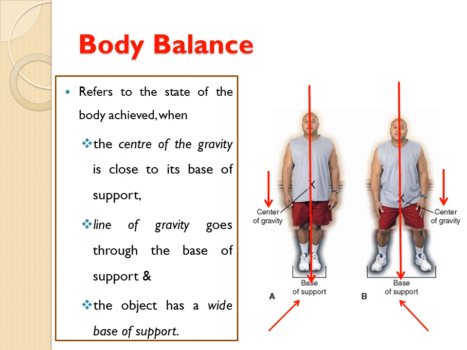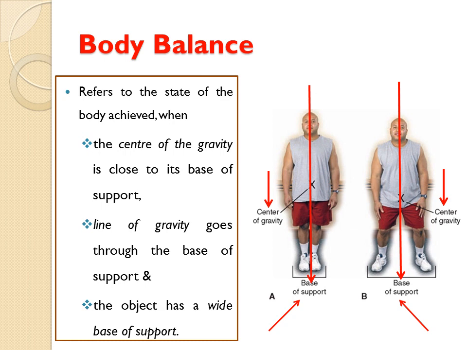And also there is a line of gravity. The line of gravity is the line which goes directly through the midline of the center of gravity, and it should go straight to the base of support. And also the object should have a wide base of support. You can see in picture A the base of support is small, whereas in picture B it is wide, and a person with a wide base of support will have more balance.